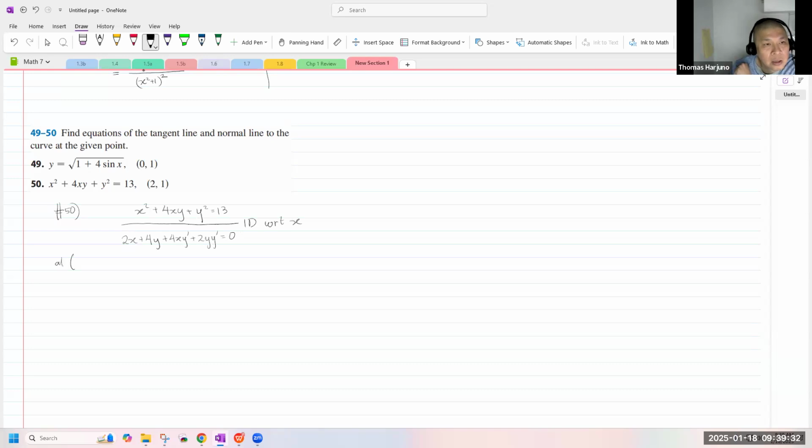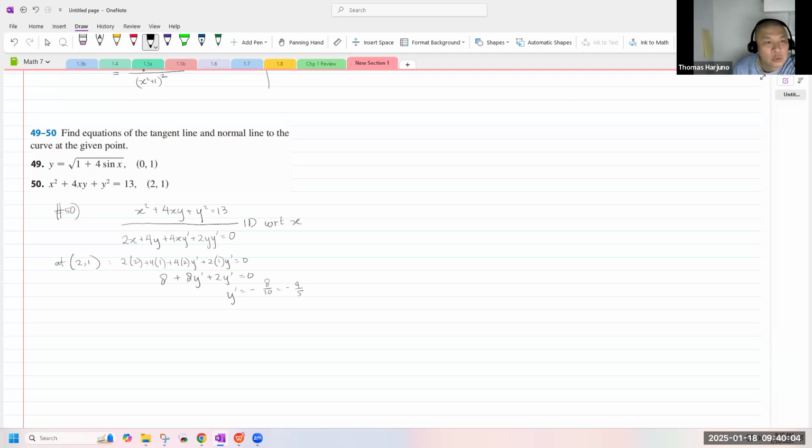Okay, at (2, 1), we have 2 times 2 plus 4 times 1 plus 4 times 2y prime plus 2 times 1y prime equals 0. That's 8 plus 8y prime plus 2y prime equals 0. So y prime equals negative 8 over 10, which is negative 4/5.